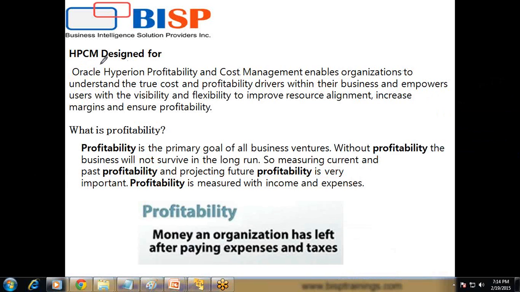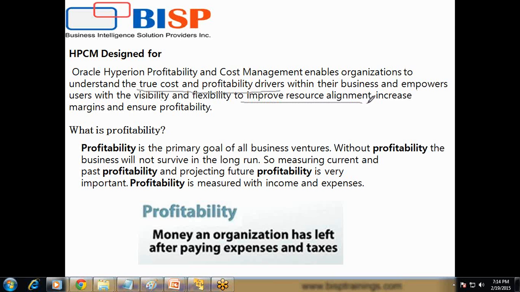HPCM, as I said, is primarily designed to help calculate profitability, which enables organizations to understand the true cost and profitability drivers within an organization, which in turn helps users with greater visibility and flexibility to improve resource alignment.